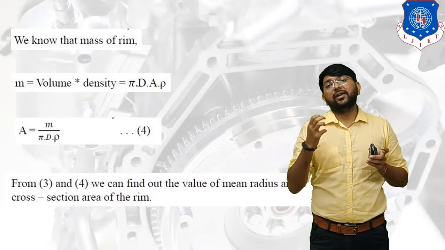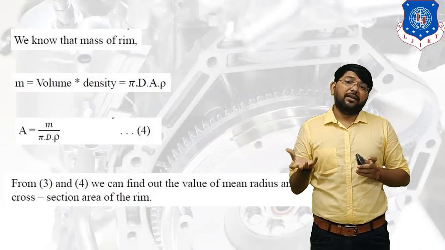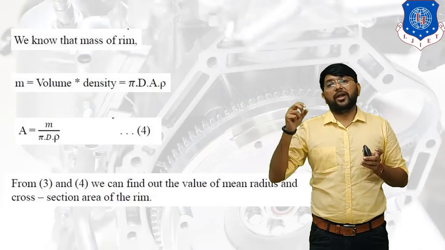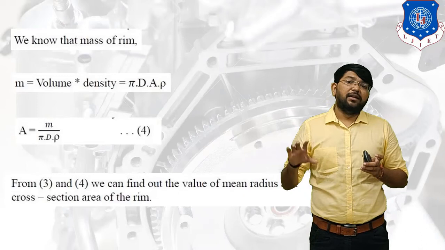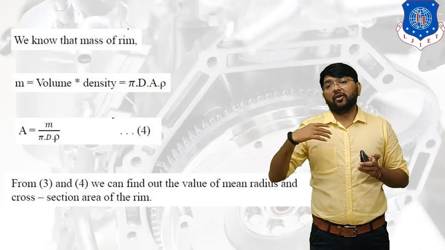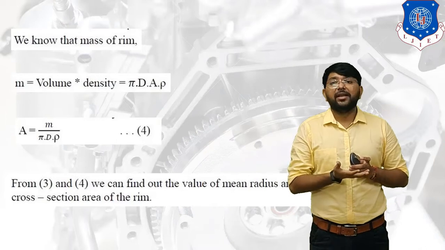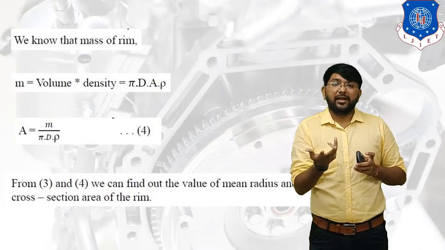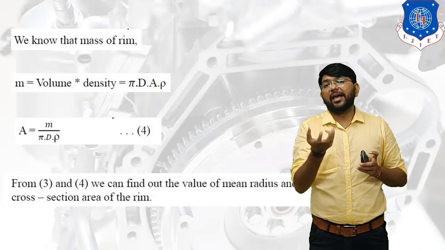Clear? And also we designed the flywheel rim. In the flywheel rim we can calculate the diameter of the rim, the thickness, the width, and also the cross sectional area of the flywheel rim. Clear? Also we calculate the mass of the flywheel rim. Clear? So this is the design of the flywheel rim.